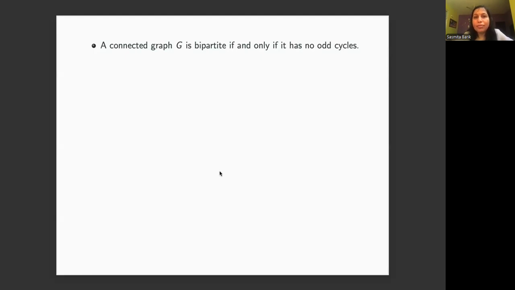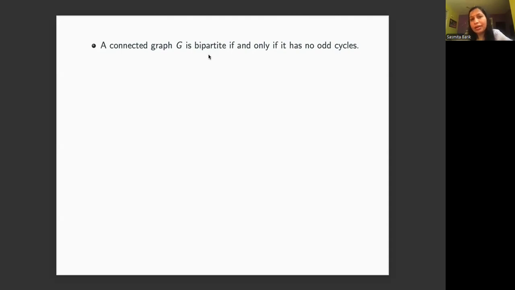Now, one way of deciding whether a graph is bipartite or not is to look at the cycles. If the graph has no odd cycle, then the graph must be bipartite, and this is an if and only if condition. That's important because in computer science, many graphs they use are bipartite graphs or trees.